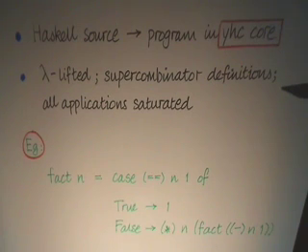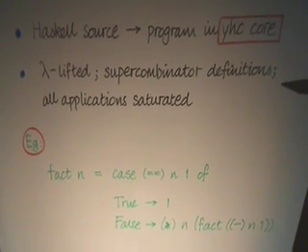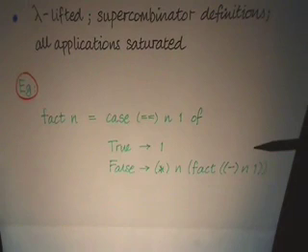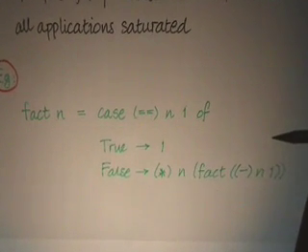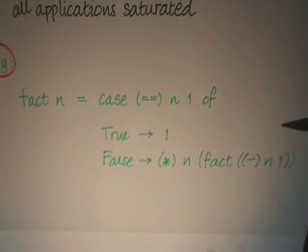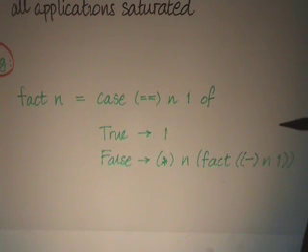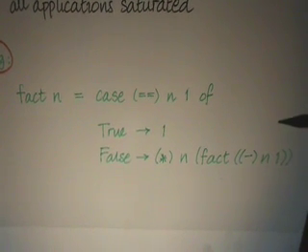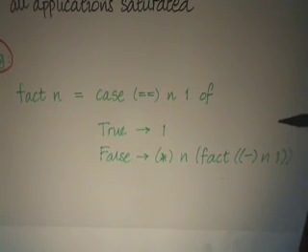So, stuff is lambda lifted, we extract supercombinator definitions, applications are arity saturated, so we don't have to worry about that kind of thing. So, for example, take this as a little running example, factorial. After that process, it will look something like that. Nothing surprising, completely standard.